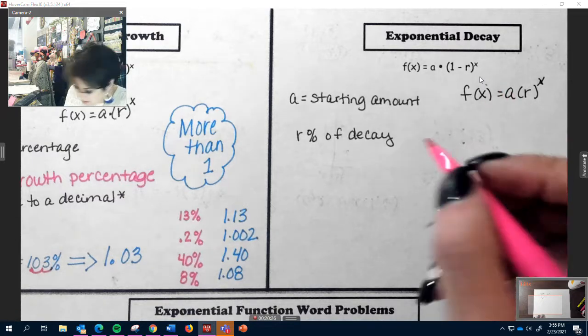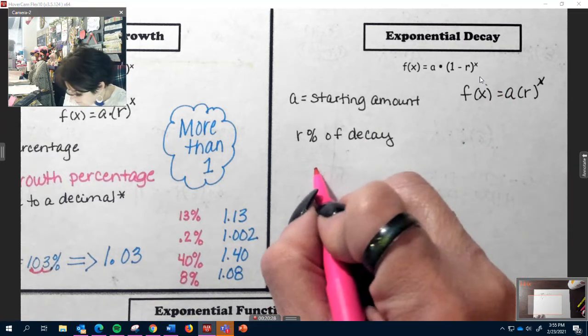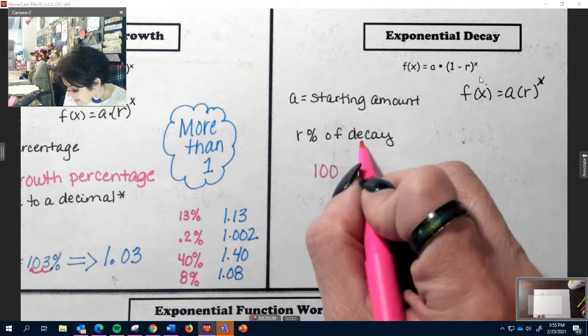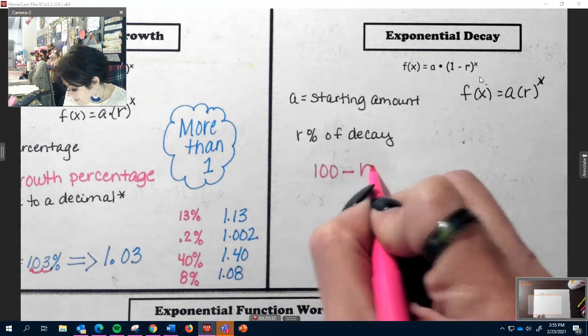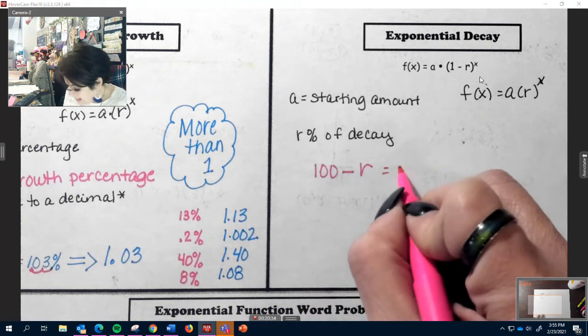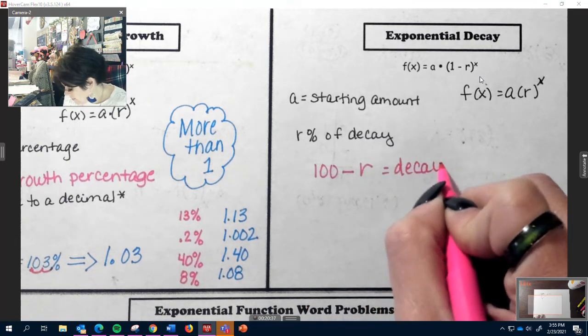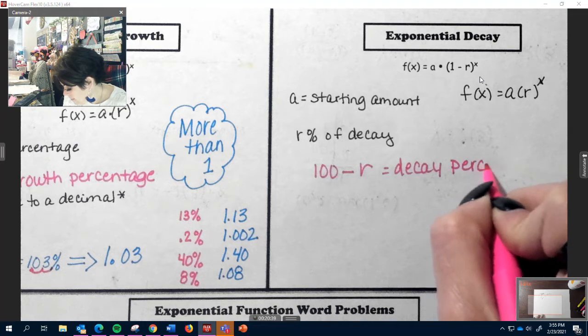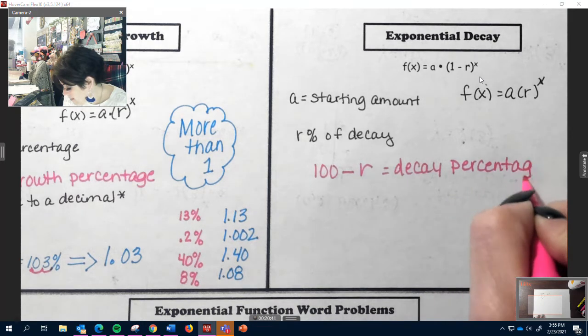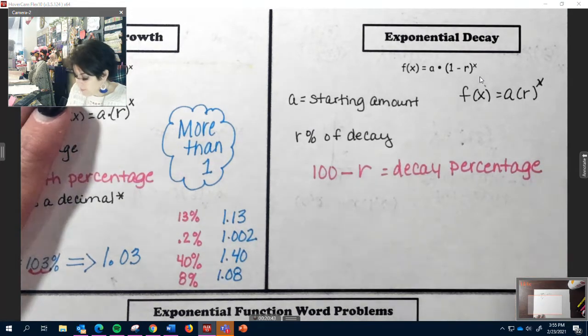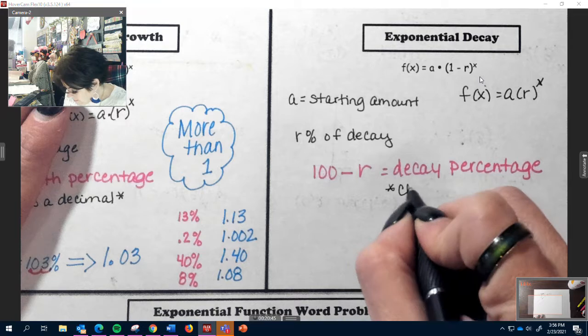And so we're going to do 100, because it's decaying, minus r will equal the decay percentage. And we're going to have to change that to a decimal.